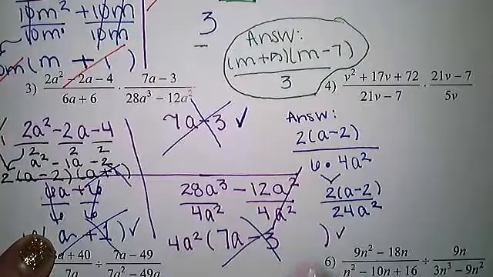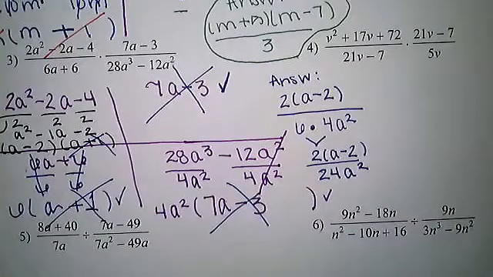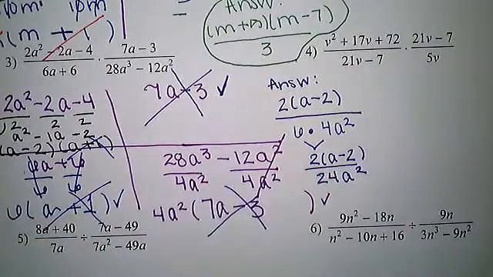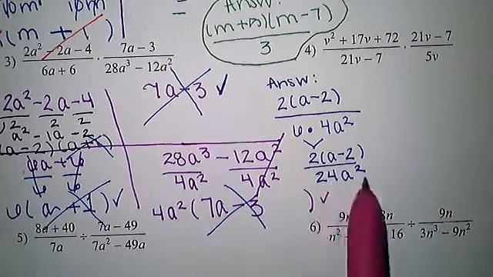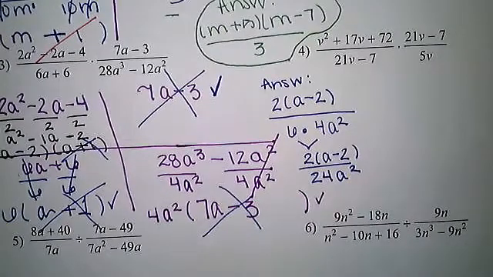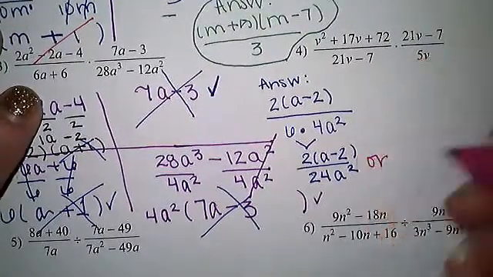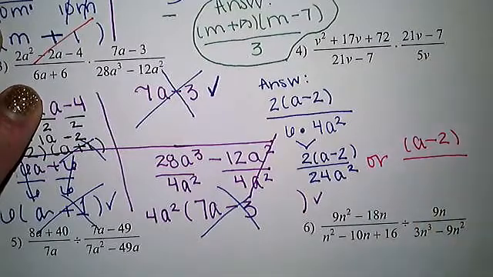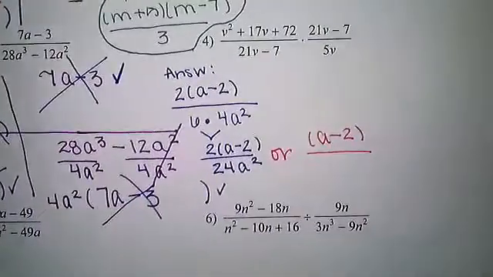Ivy Tech does reduce occasionally, so I like to let people know, since I have some people that are aiming for college, the 2 and 24 could reduce since they're both coefficients and outsiders, since there's no parenthesis down here. So you may see this answer written as a minus 2 with or without parentheses.